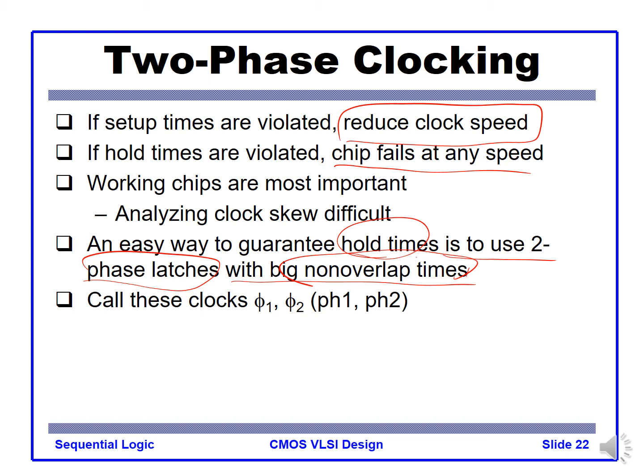We need two clock phases, so two clock trees or clock buffers must be implemented, and the timing check is not easily done in a typical CAD tool. So if we use a V1 and V2 two-phase system, it is the easiest way to guarantee the hold time. This is the advantage of the two-phase clocking system.